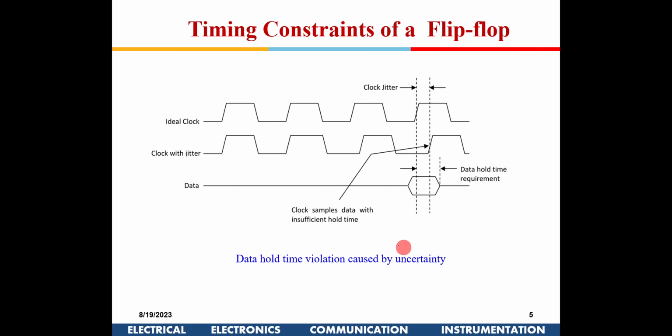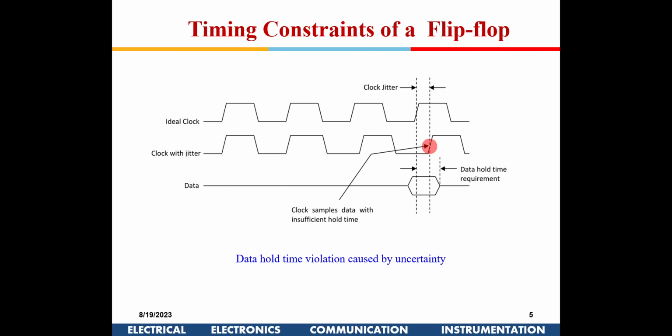Okay. Now the clock can come late also, right? It is not necessarily that the clock comes early. Because of jitter and skew, it can be on either side, positive or negative. So now here, if you see, this is the actual clock and the data is changing out here, right. So between these two edges there is adequate time available to meet the hold requirement.